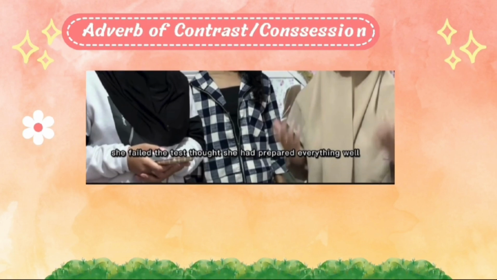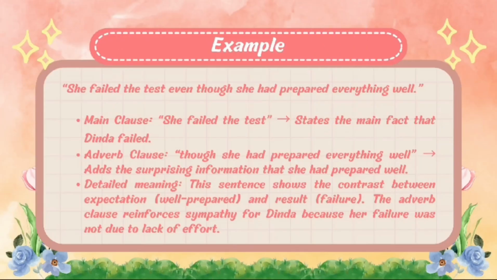Like the example, based on the video, she failed the test even though she had prepared everything well. The main clause of this sentence is she failed the test. So this clause states the main fact that Dinda failed. The adverb clause is though she had prepared everything well.